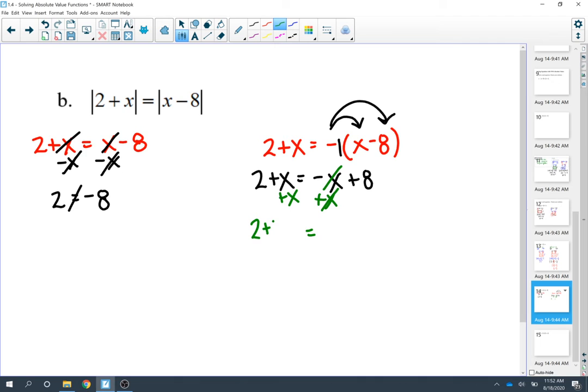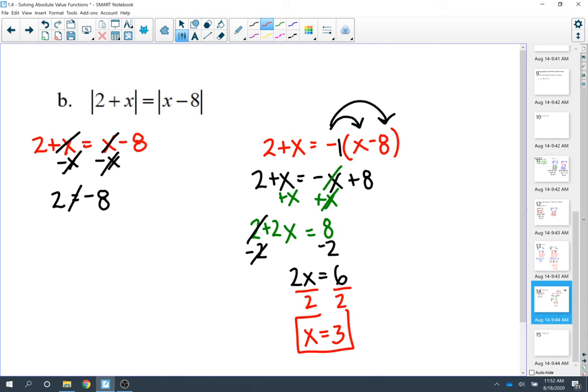So 2 plus 2x equals 8. Then I'm going to get my constants on the same side. So I'm going to subtract 2. 2x equals 6. Then I'm going to divide by 2, which leaves me with x equals 3.